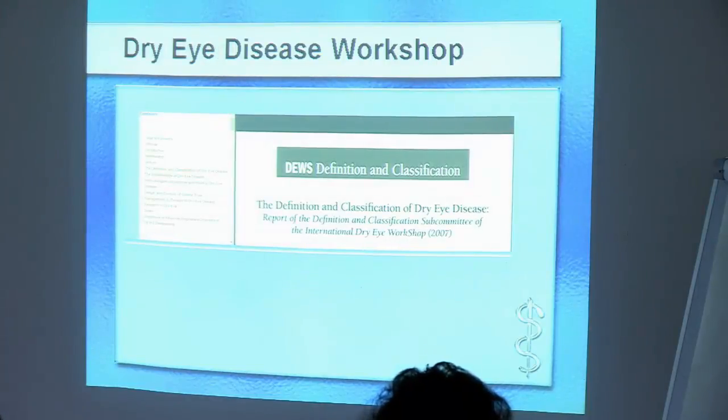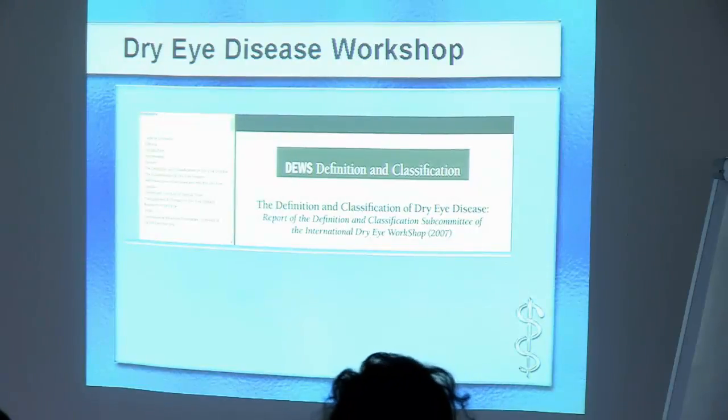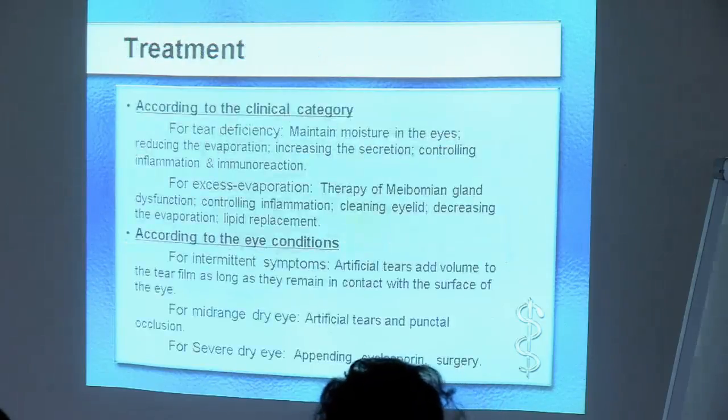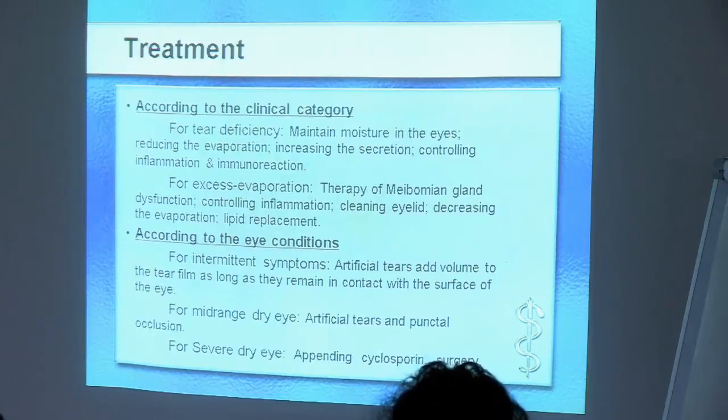Now, whatever I'm saying is based on an international dry eye disease workshop. They last met November last year, and all the classifications, all the treatment modalities are based on their recommendations. And this is just sort of like an aide-memoire of what you should be doing in your practice.